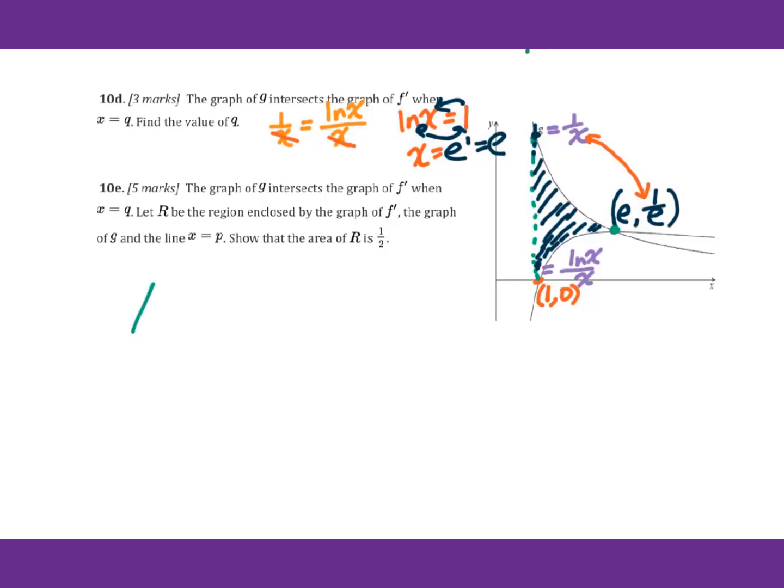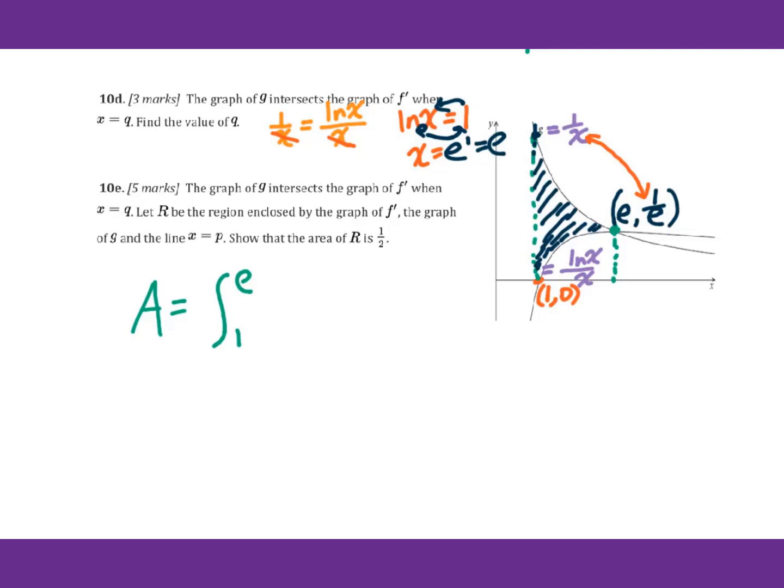For this area, A equals the integral from 1 to e, because for your x-intercept, very left is 1, very right is e.